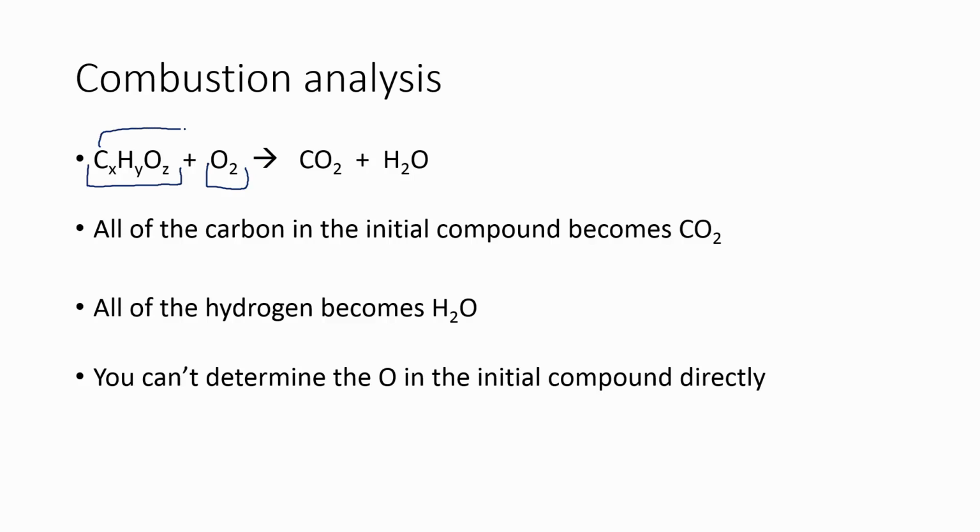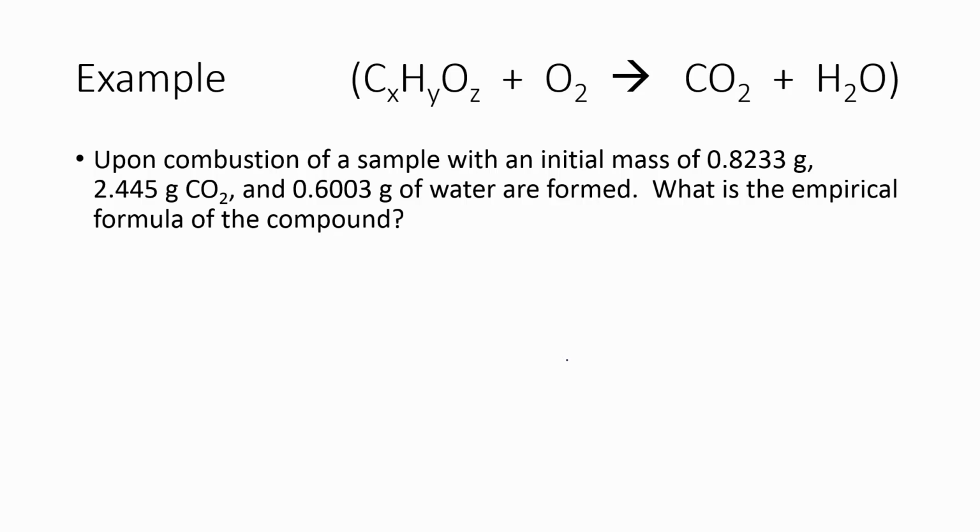Now all of the carbons will become carbons in carbon dioxide. All of the hydrogens will become hydrogens in water molecules, in water vapor. How much oxygen I originally had, you have to figure out by inferring from the other portions that you determine. So how do we use this to get the empirical formula? Let's take a look at that.